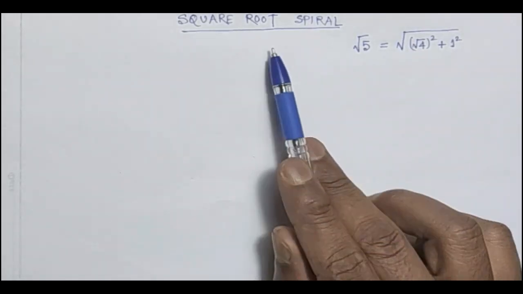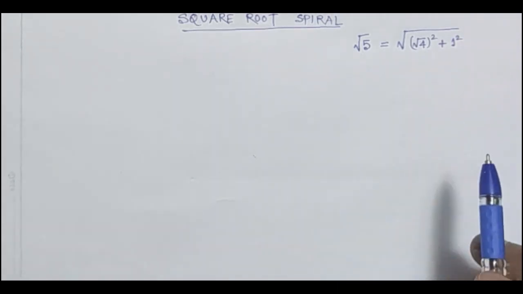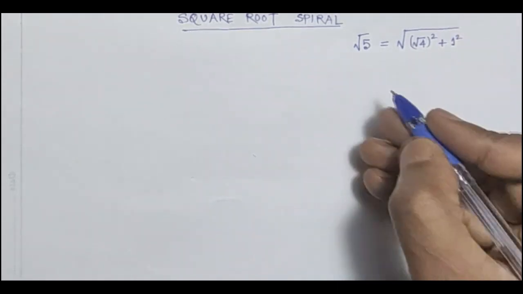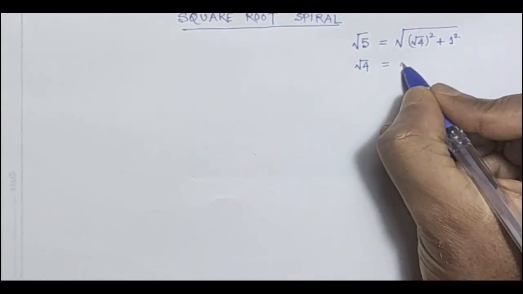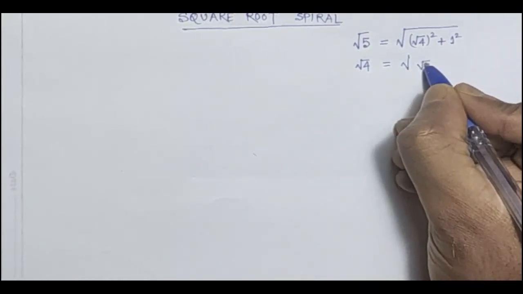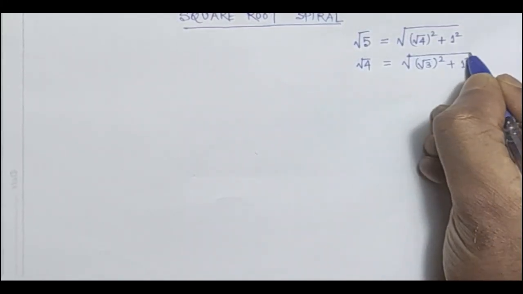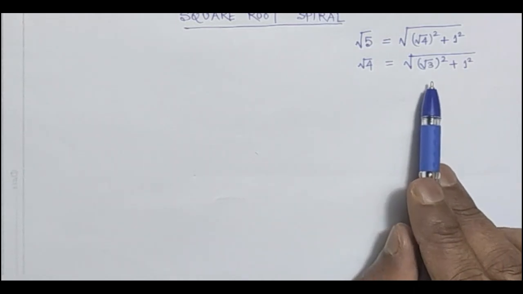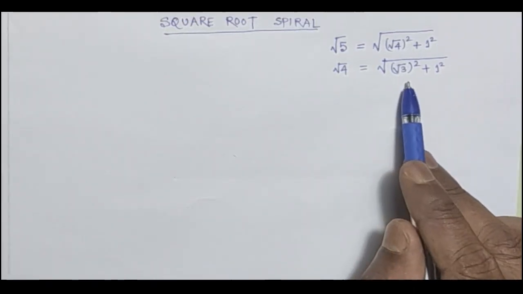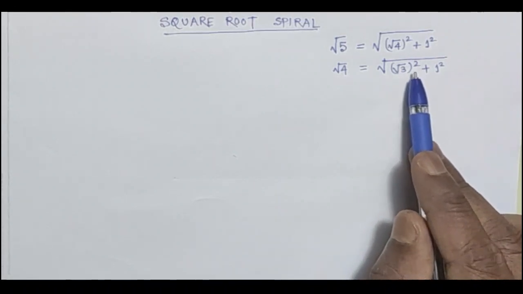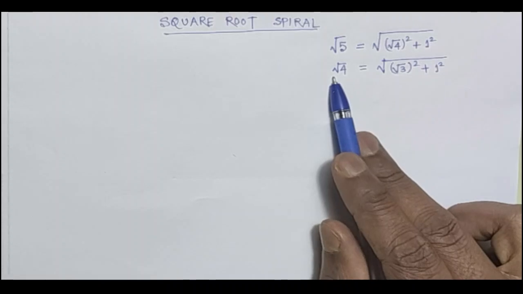For drawing the square root spiral, we will need to draw the square root of 4. To draw the square root of 4, in the same technique, square root of 3 square plus 1 square. Square root of 3 square is again 3 and 1 square is 1, so 3 plus 1 is 4.